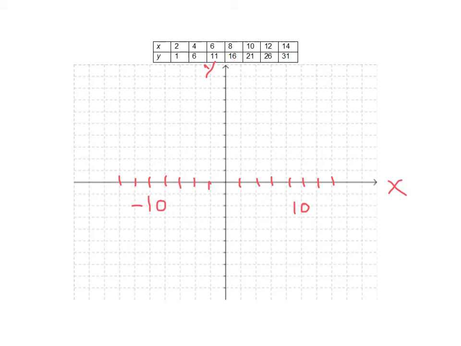For my y values, go up to 31. Well, as the previous example then, it looks like 5s would work pretty well. And if I had negatives, I would scale my y-axis the same in the negative direction.